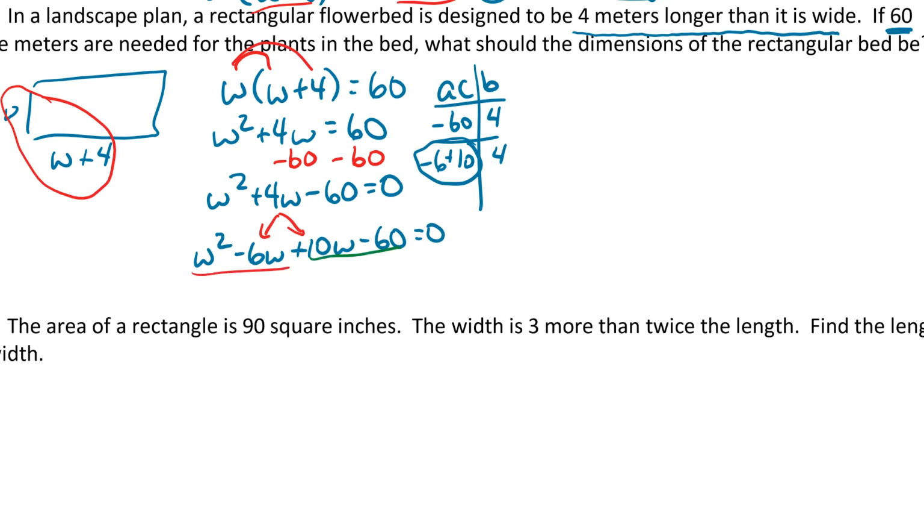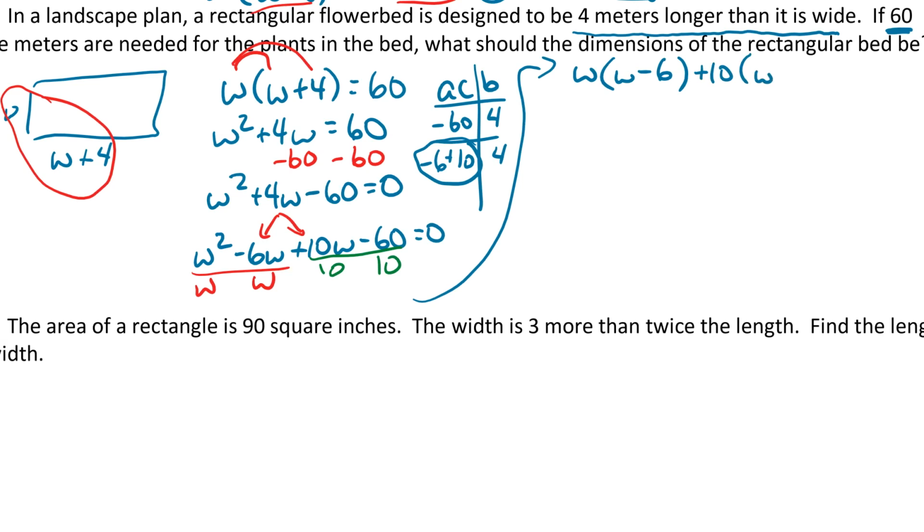We can group it. So for the first group, we can take out a W, which will have W times W minus 6. For the second group, we can take out a 10, which is going to give us plus 10 times W minus 6.